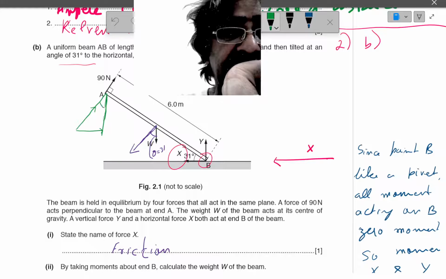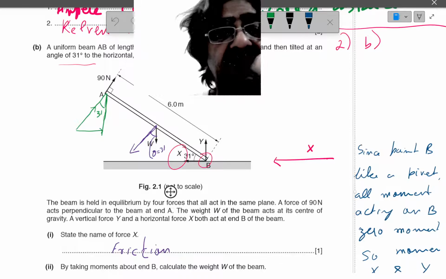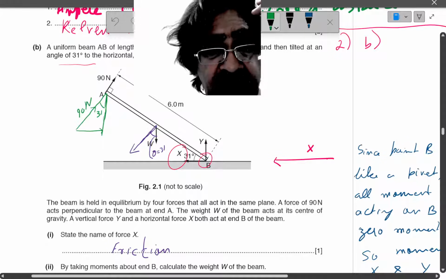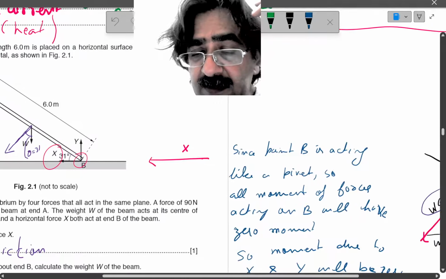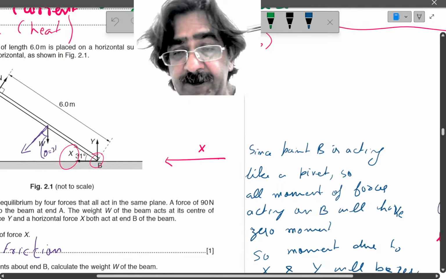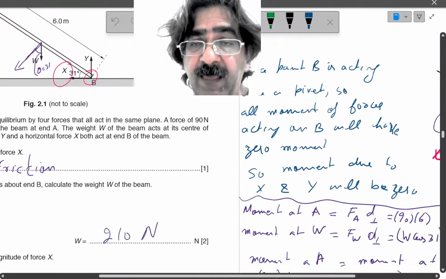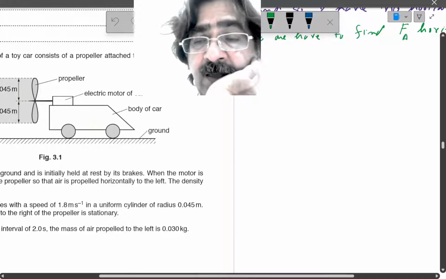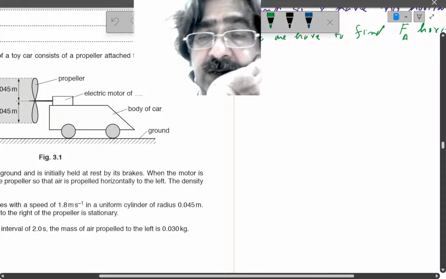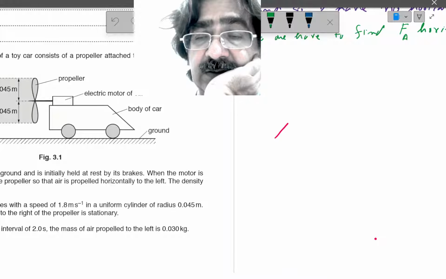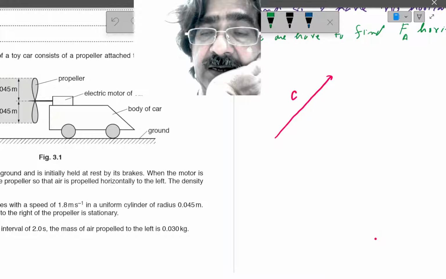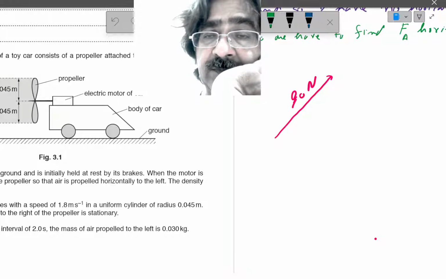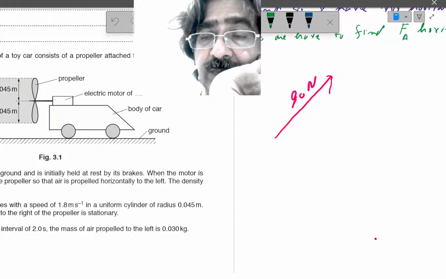If this angle is 31 and the force is 90 Newton, I may explain it here. It has two components.